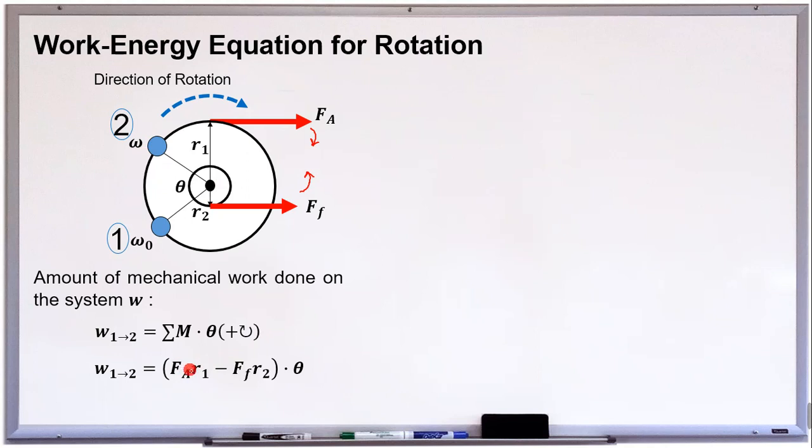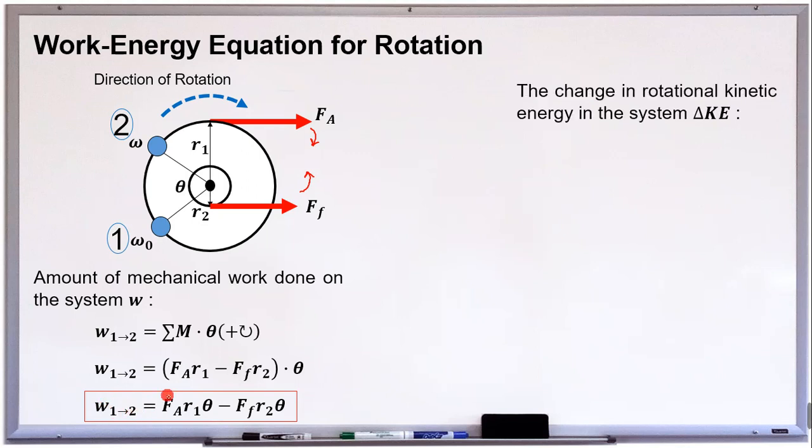So we have here Fa multiplied by its moment arm, that is equal to R1, then minus the frictional force. The frictional force takes the negative sign, because this force will generate a moment opposite to that of the applied force, and then multiplied by the angular displacement θ.